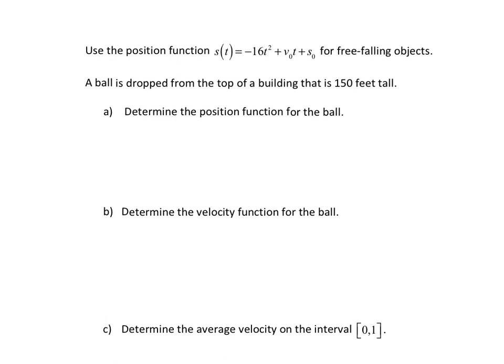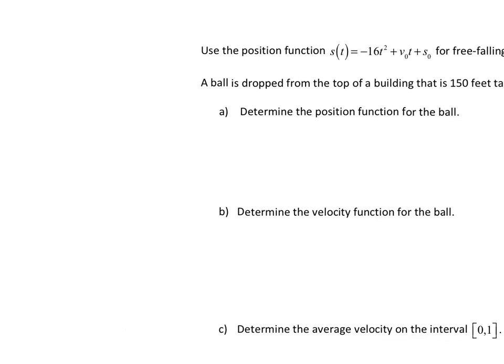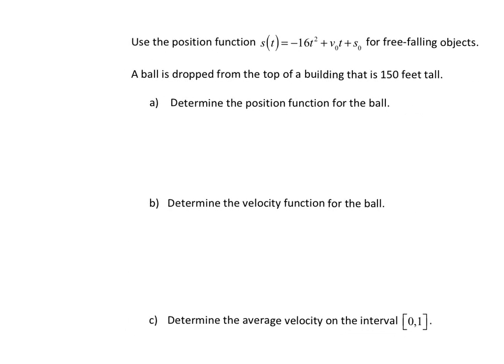All right, where I would start is I would draw a picture. So we are given a building that is 150 feet tall. So here I have my building, and I can label that 150 feet. We have a ball that's being dropped from the building down to the ground. And so a couple of things you need to keep in mind.